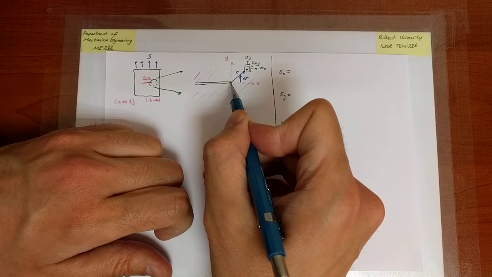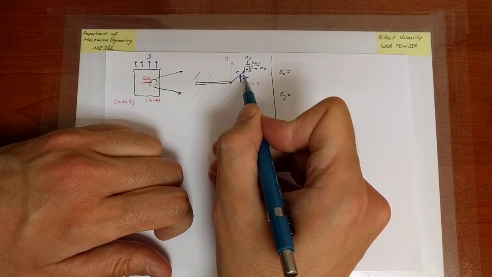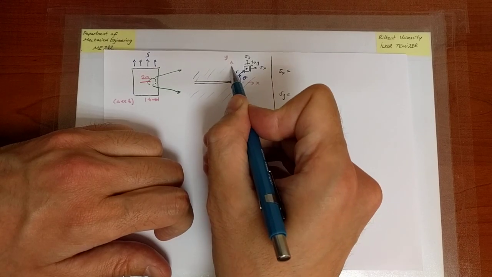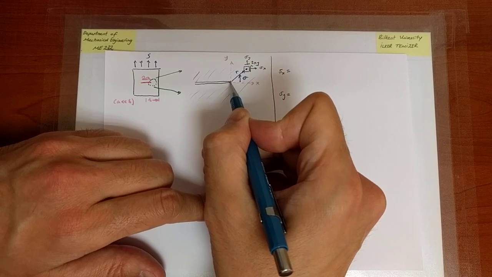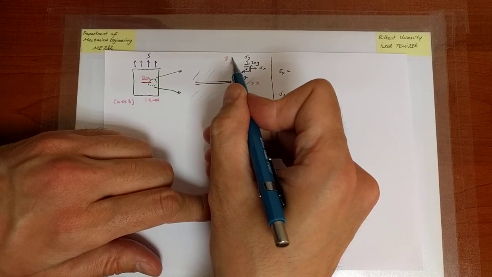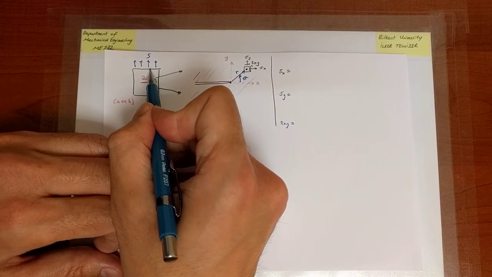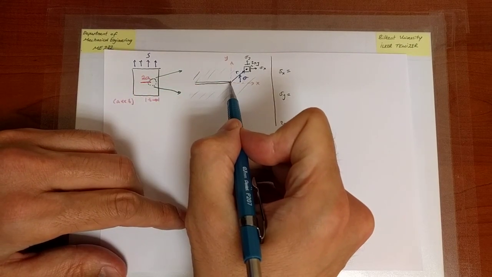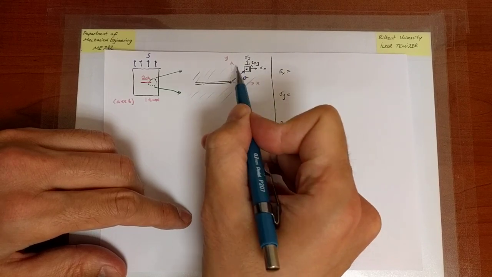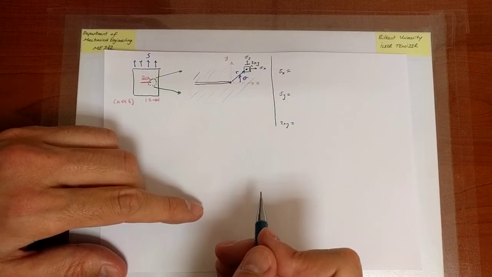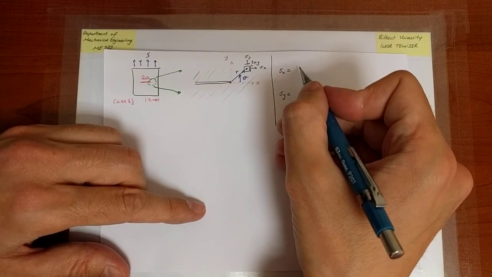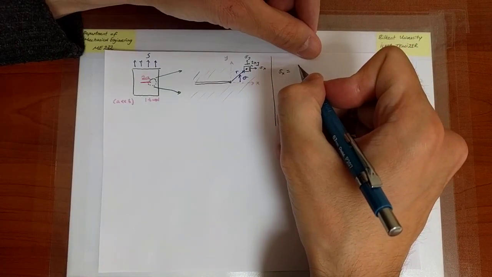There is no reason to think it will not also depend on the orientation, because if I move in a different direction, sigma y is infinite here, but if I move sufficiently far from the hole, I will hit the point where sigma y is S, which is a finite value. So both the distance and the orientation influence the stress components. So r and theta will appear, and the way they appear is as follows.